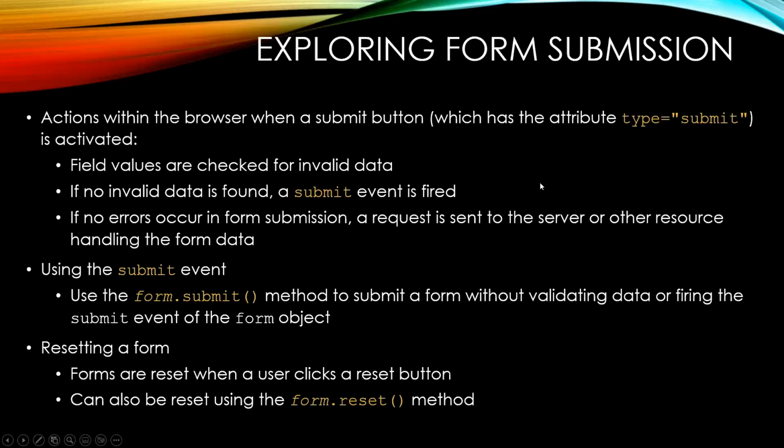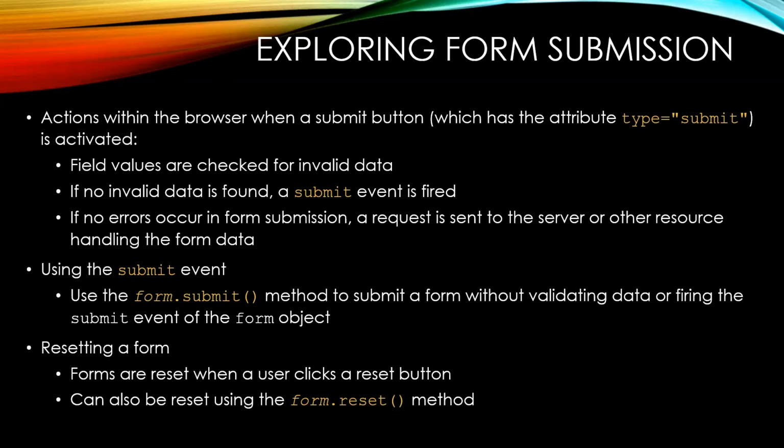So form submission, actions within the browser when a submit button is activated, and it is very specific. A submit button has an attribute type of submit. Okay, it's a very specific button, has a specific purpose. So once you do activate a submit button, your field values are going to be looked at for valid or invalid data.